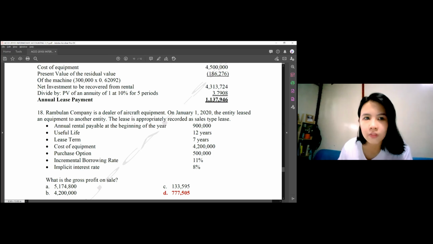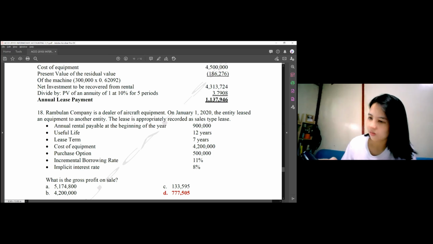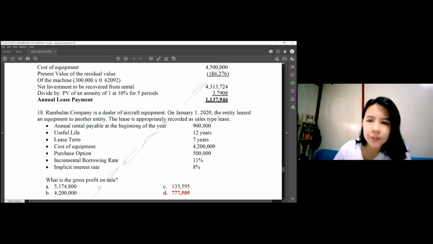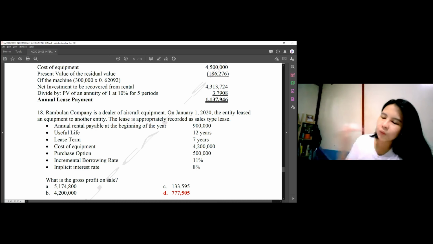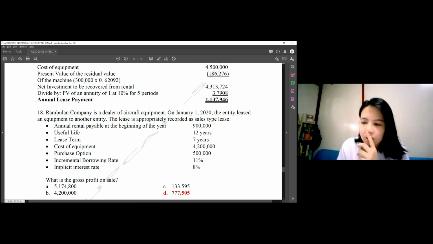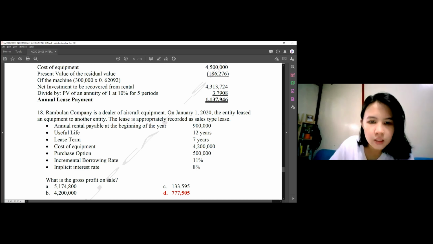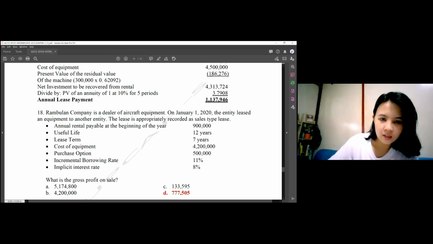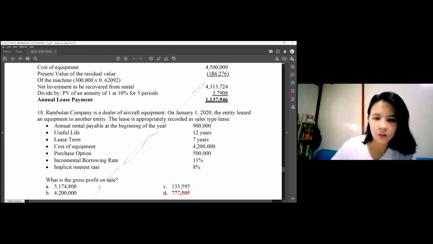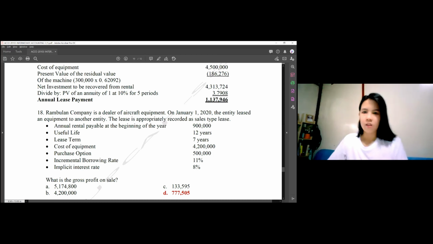It's for 12 years, 7 years. Okay, so no, it's not 10%, it's 8% rather. Let me edit this quickly lang kasi may mali sa input. Ayan. Okay, continuing with the problem.